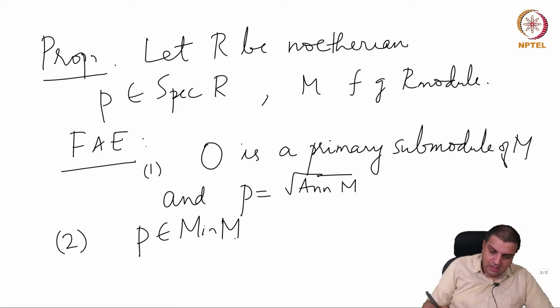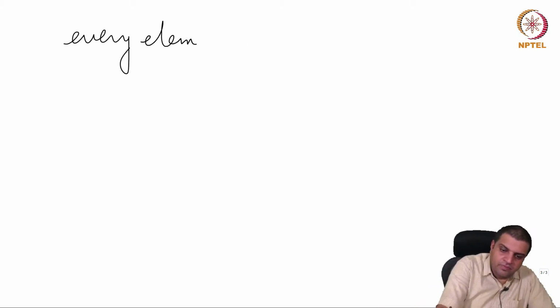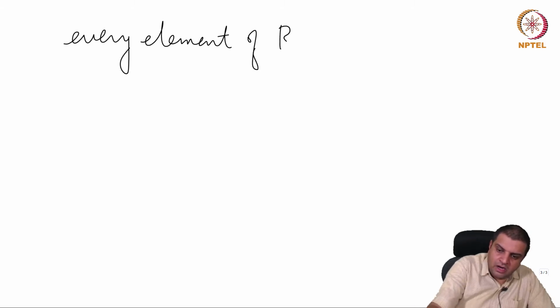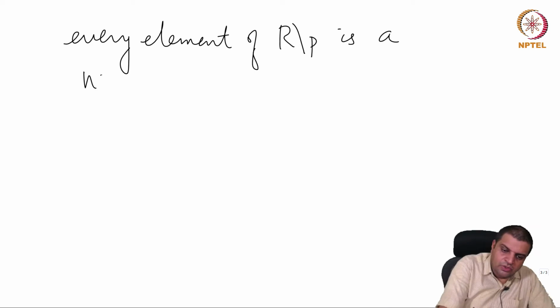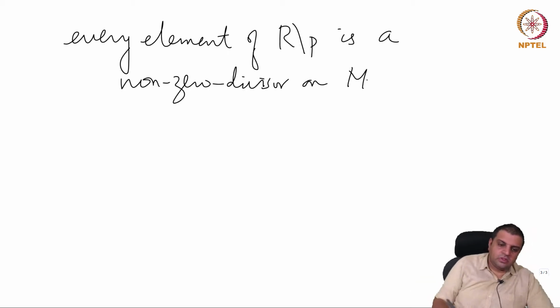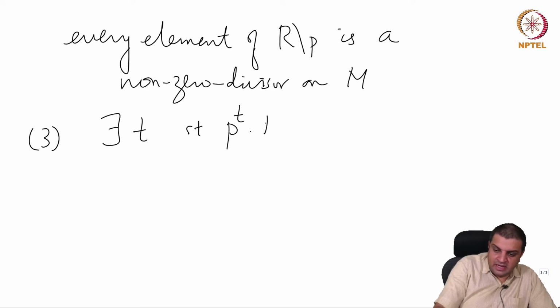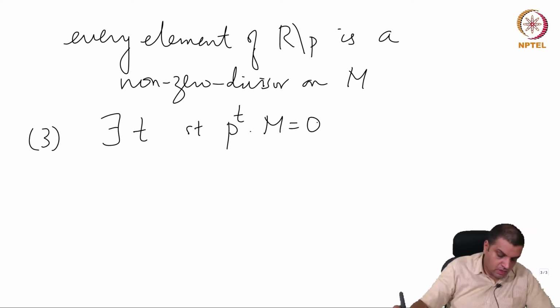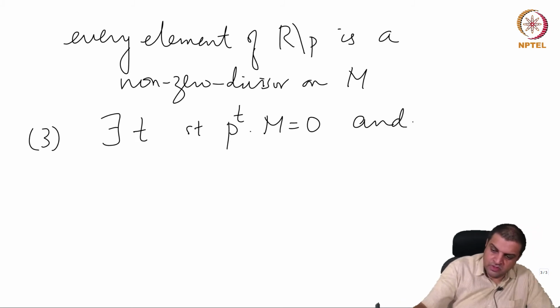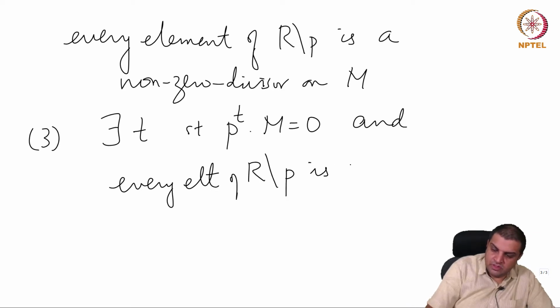Minimal prime of M, and every element of R but not in P is a non-zero divisor on M. And 3, there exists some T such that P to the T annihilates M, and every element of R but not in P is a non-zero divisor on M.